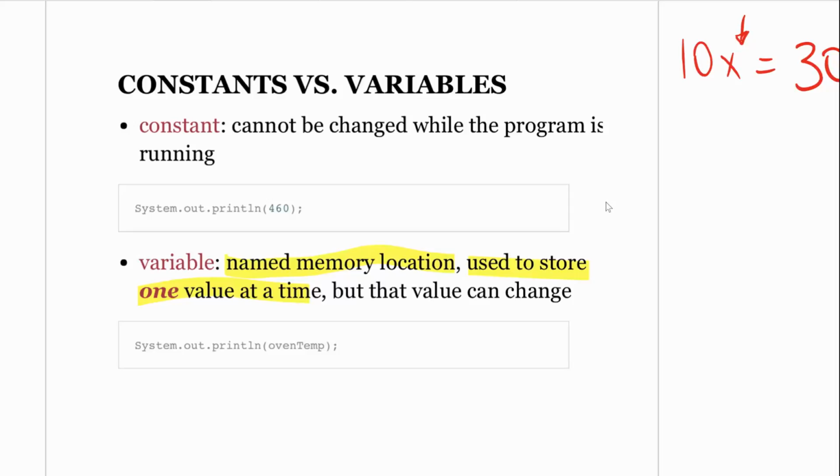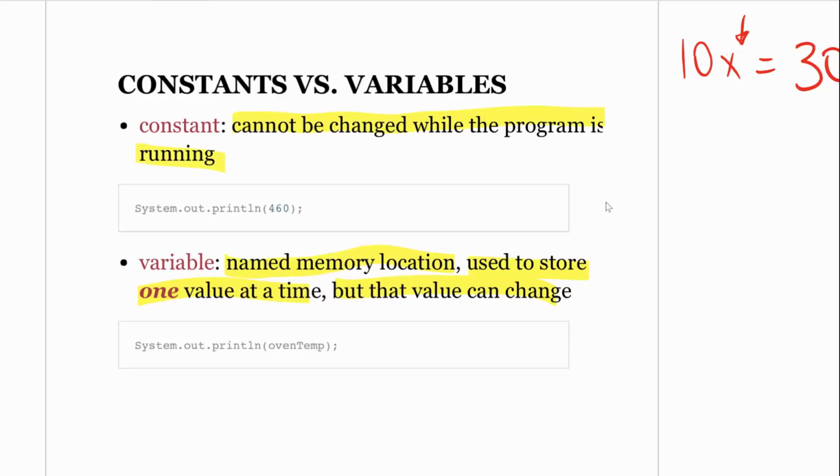And one thing that's critically important for variables is that you can change the value of variables. So as you go on in your program, whatever value you decide to give your variable, it can change throughout the program. And that's what makes variables fundamentally different from constants, because as you see up here in the definition, a constant is something that cannot be changed while the program is running.